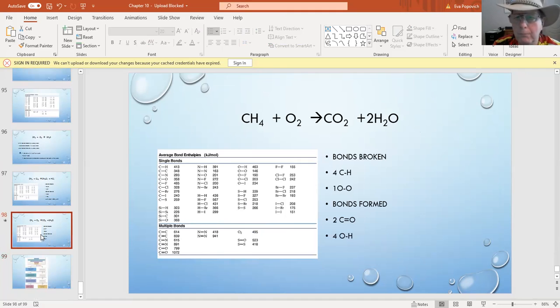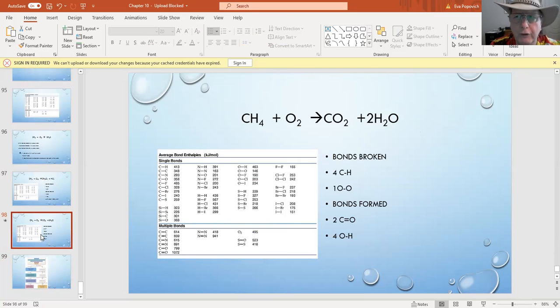One more example. All right. I have CH4 plus O2 making CO2 and 2 waters. All right, Cassidy, in this instance, how many CH bonds are being broken? 4. So I multiply 4 times 413.